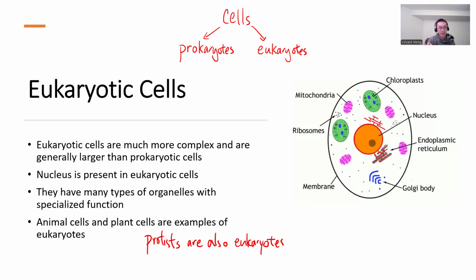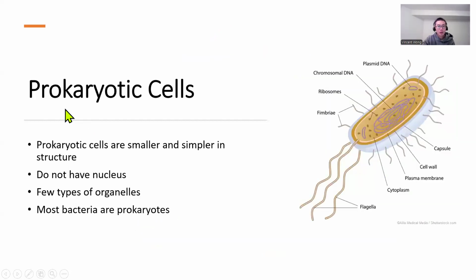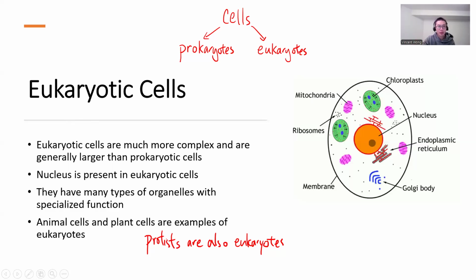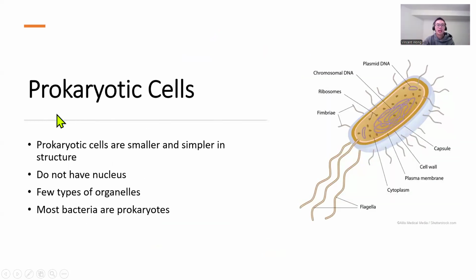Whatever he was seeing, those are protists as well. Kelp is an example of a protist. If you need something more concrete to understand what a protist is, kelp. So we are made up of eukaryotic cells. Our cells have a nucleus in it. Although there are some exceptions, but I will tell you that next semester.